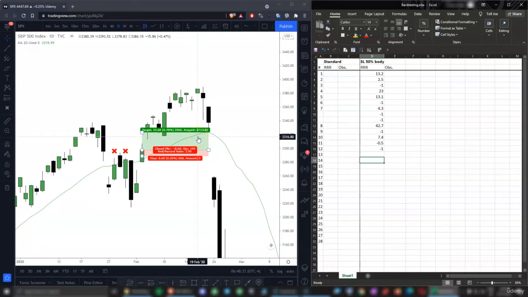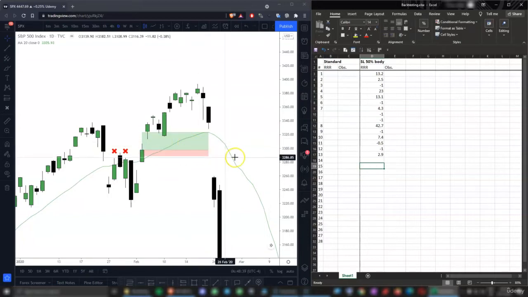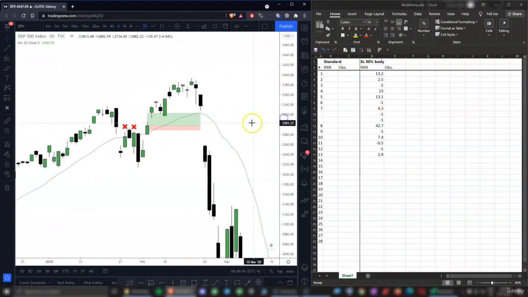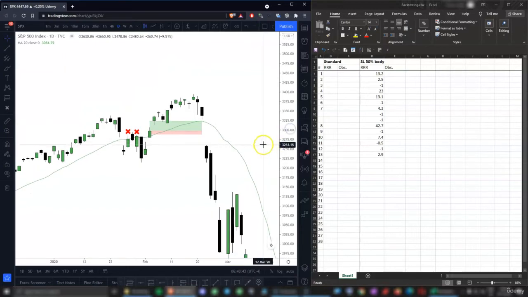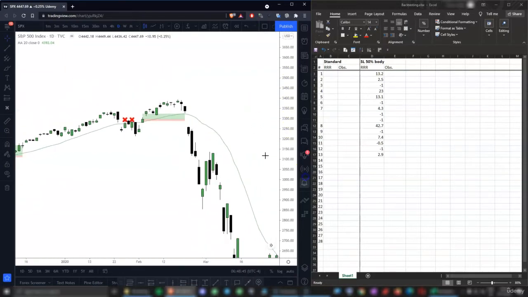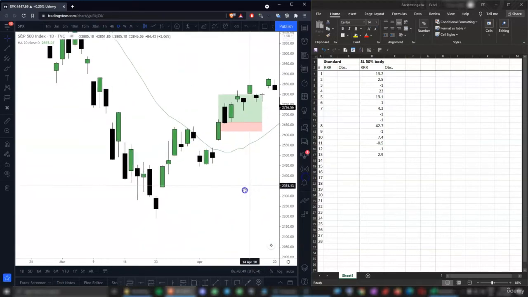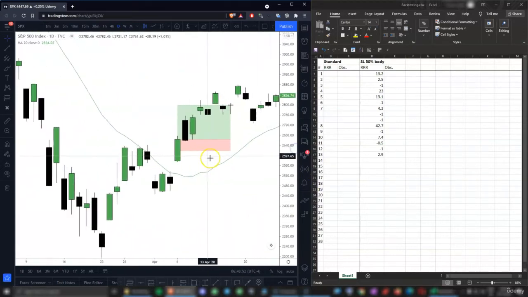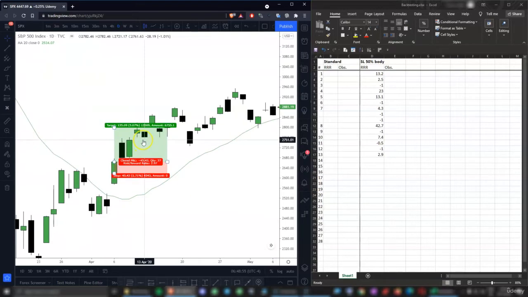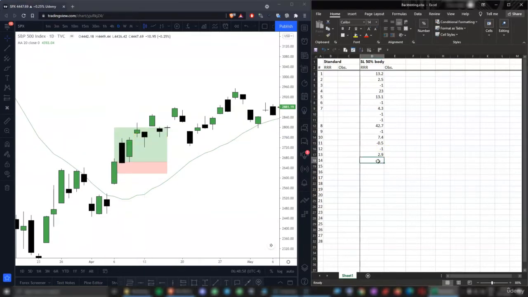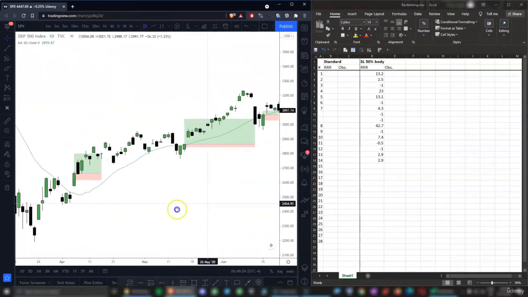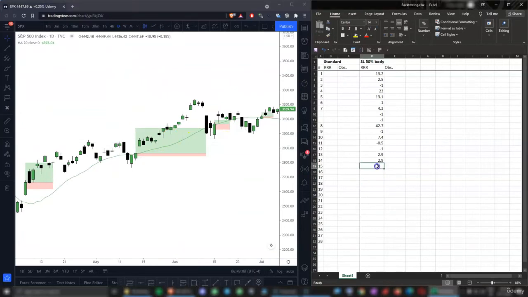Then we have a 2.9. So you see that always I'm writing a little less than what we have here, just to make sure there is not too much extra added. I want the reality to be better than the backtesting. 2.9 again. 9.9.